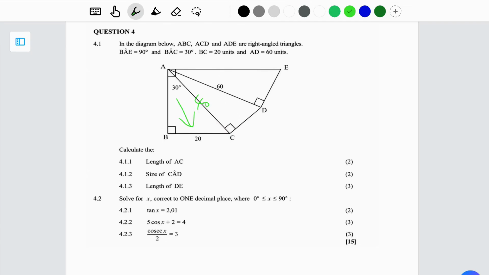The next question is 4.1.2, and they are asking us to calculate the size of C angle AD. So it's this little one on the inside here.